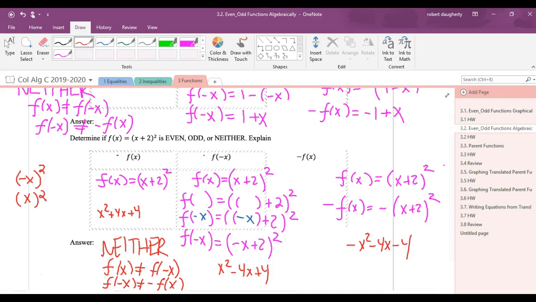Negative x times negative x gives you x squared. But it's not the same when you have negative x plus 1 squared and x plus 1 squared. These are not identical, okay? So you can FOIL that to figure it out, or you should be able to get to that by just looking.